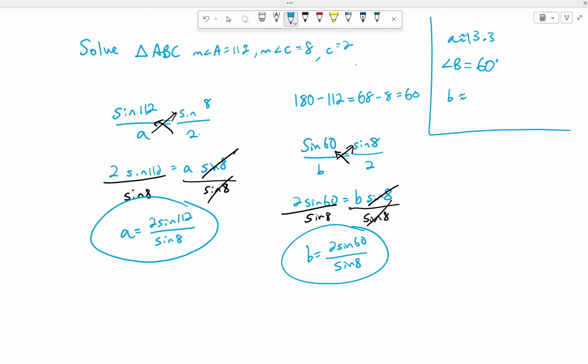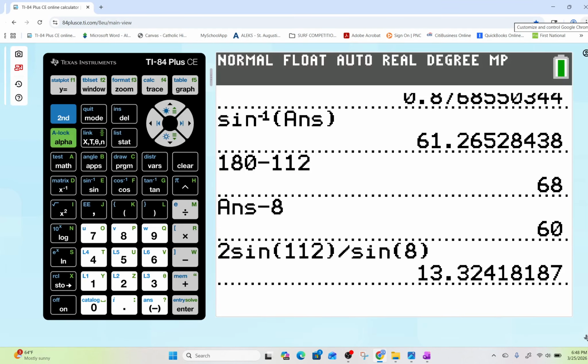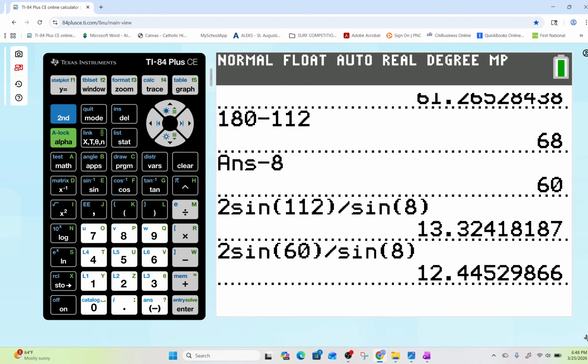That is the exact answer, but we're going to go again and try it in the calculator. So we have 2 times the sine of 60 divided by the sine of 8 in my parentheses, and that gives me about 12.4. All right.